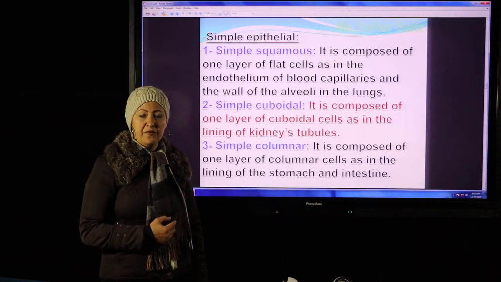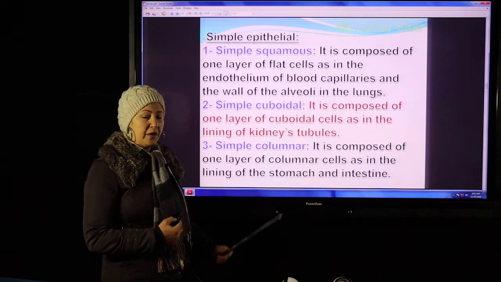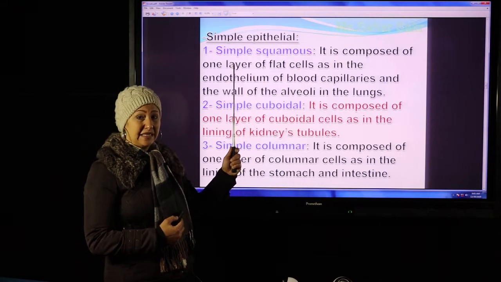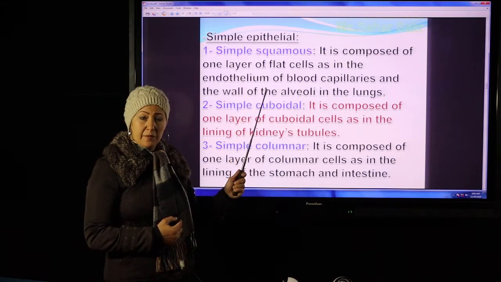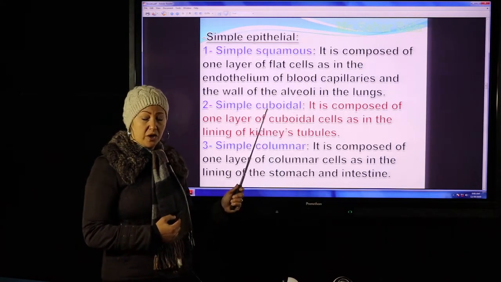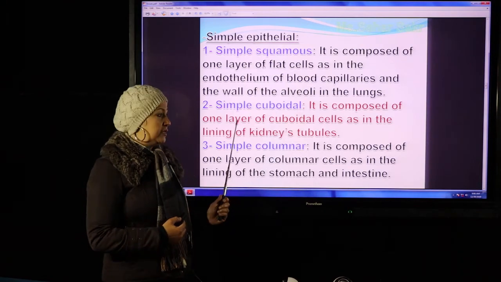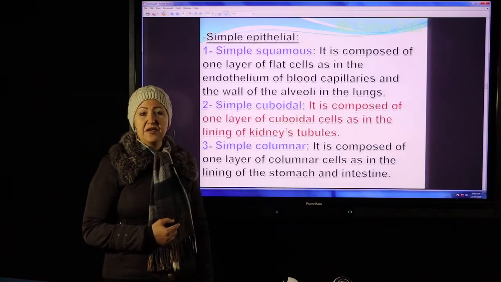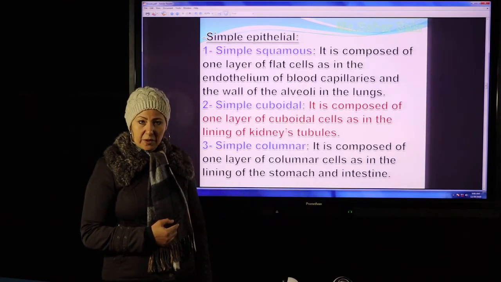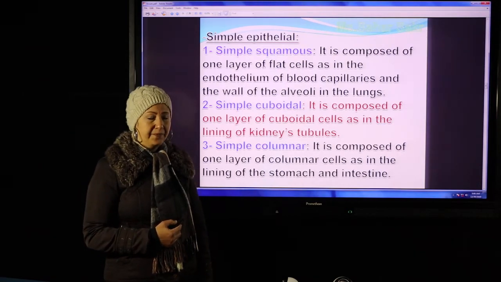If the cells are flat, we call this type of epithelial simple squamous, meaning the shape is flat. Simple cuboidal means the shape is cuboidal. Simple columnar means that the cells are columnar shape, okay? And simple means it consists of only 1 layer, okay?